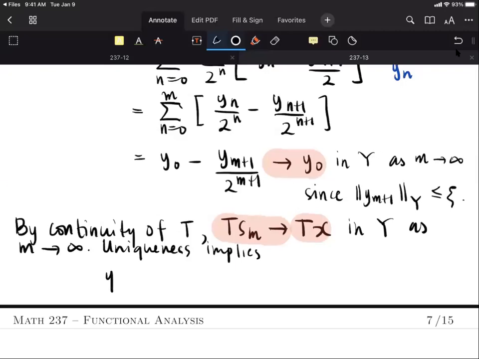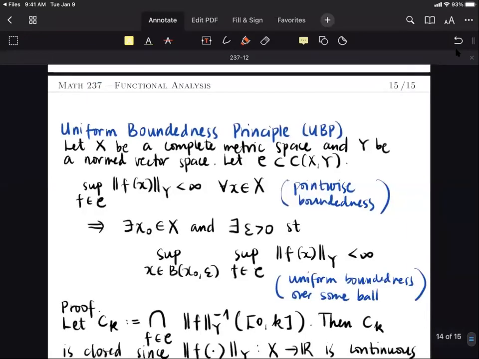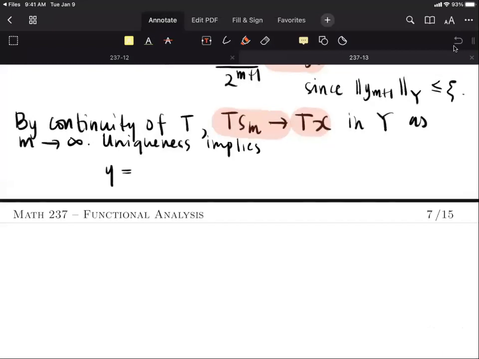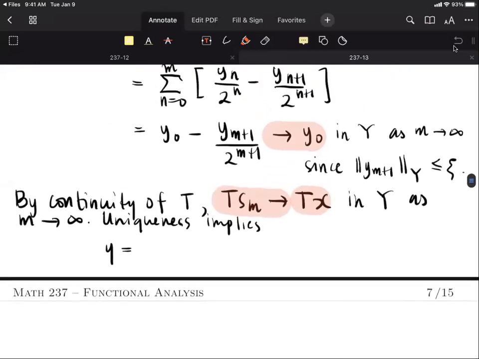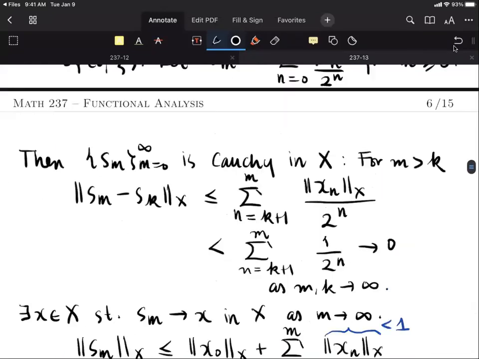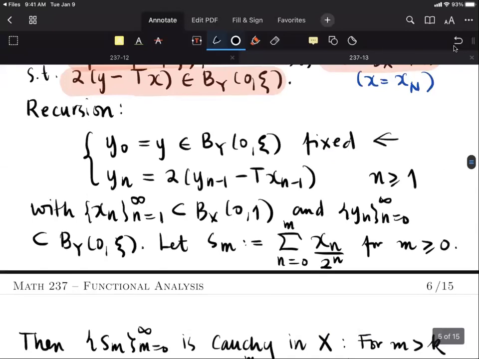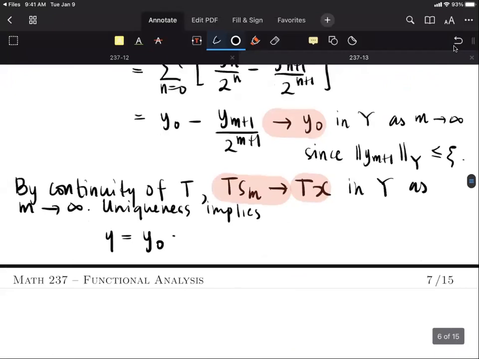that y must be, or y naught, I apologize for that. So y naught, which is the same as y, must be Tx.